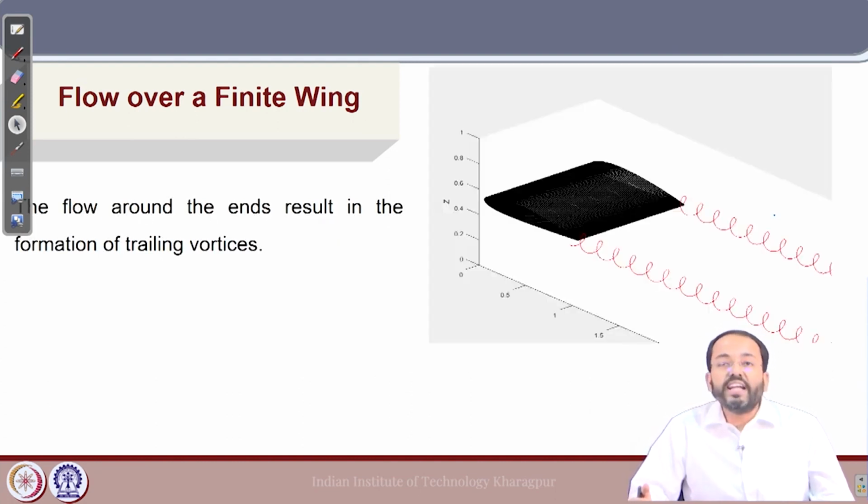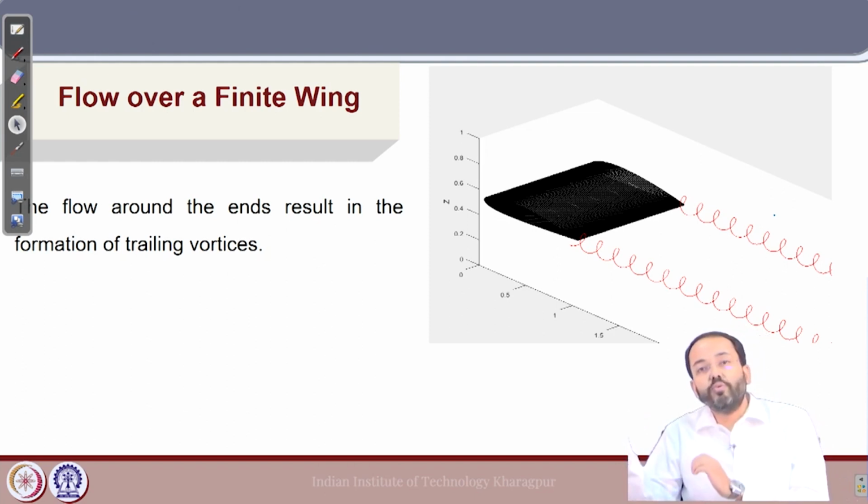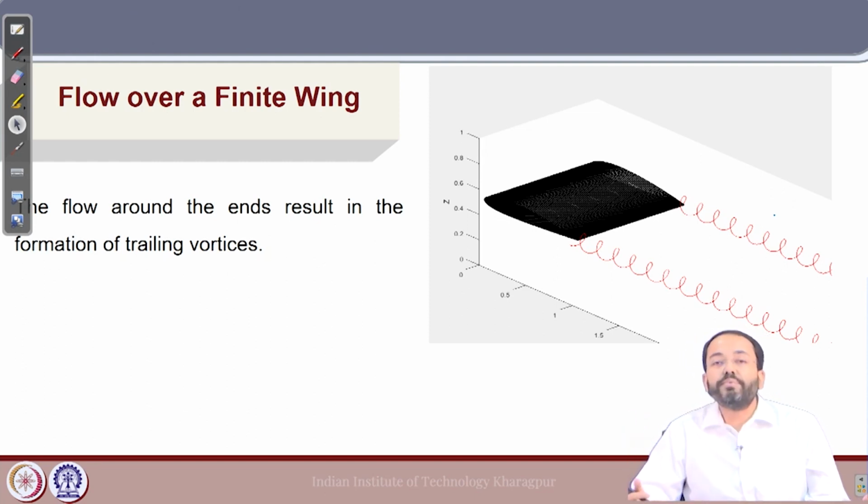Whenever a finite wing is facing an inflow or moves forward with a particular velocity at an angle of attack, it generates trailing vortices due to the curling flow from the pressure side to the suction side at the two ends.